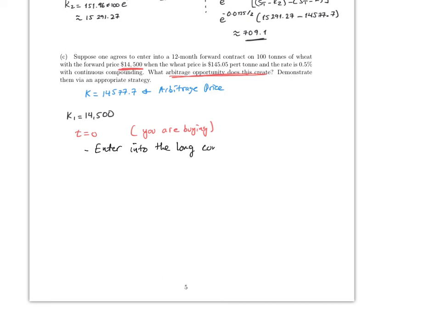So technically you enter into the long contract with K equals 14,500. So this is what you agree to pay in 1 year. So then you borrow. So here you see you can borrow and sell anything you want. So you borrow 100 tons of wheat and sell it.